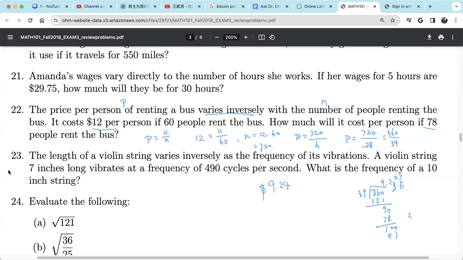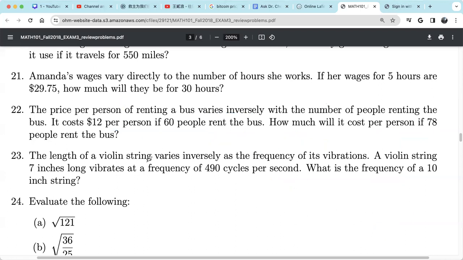Now question 23. The length of a violin string varies inversely with the frequency of its vibration. Let's call the length L and the frequency of vibration F. That means L equals K divided by F. A violin string 7 inches long vibrates at a frequency of 490.